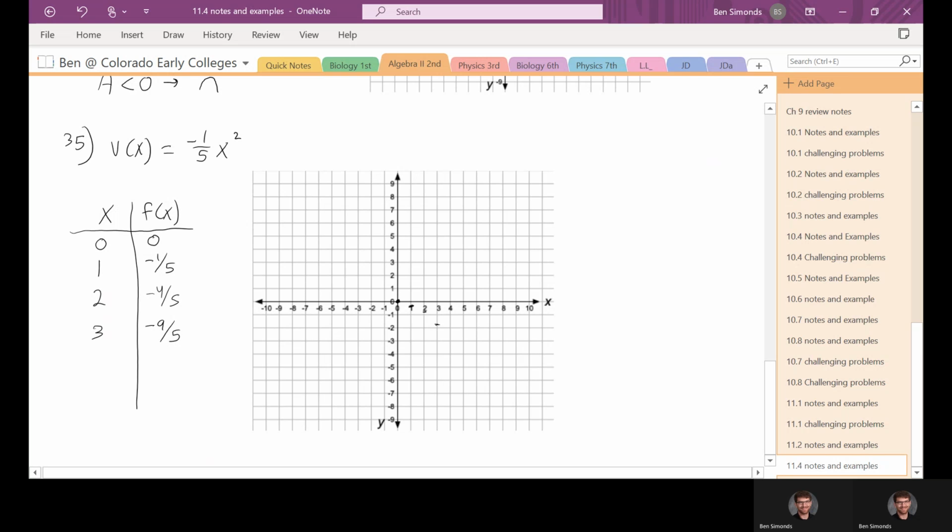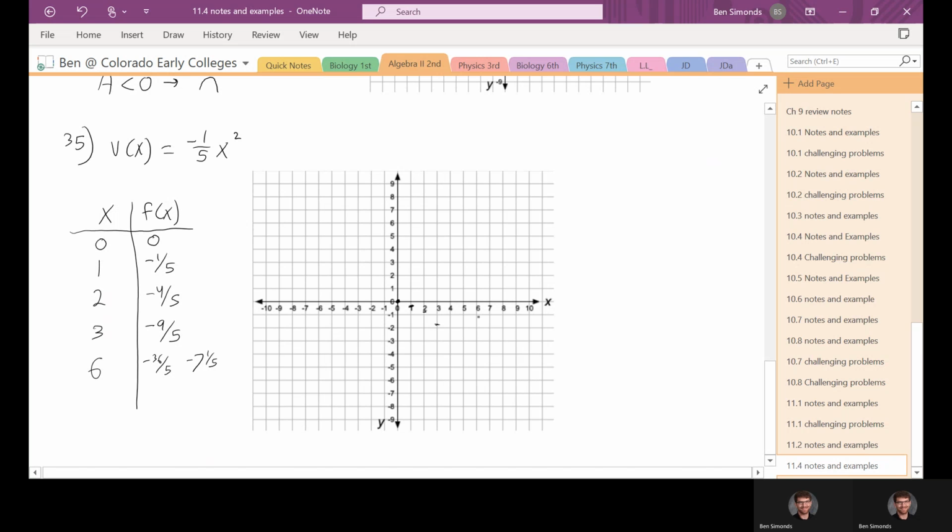Let's get a little further out there because we're not making much progress here. Excuse me, I can't speak today. So let's go out to 6. 6 squared is 36 times negative 1/5 is negative 36/5, which would be the same thing as negative 7 1/5.